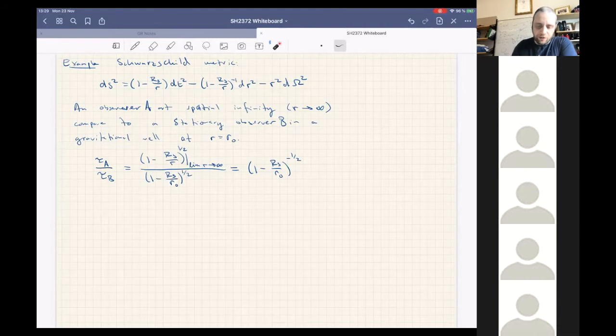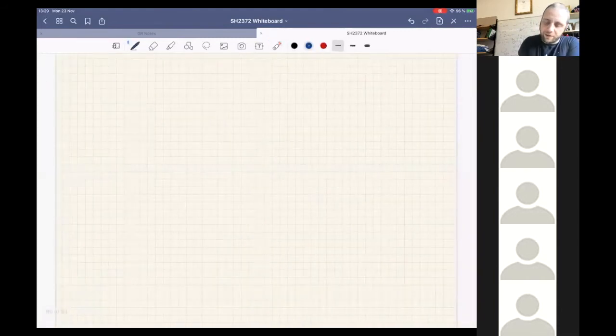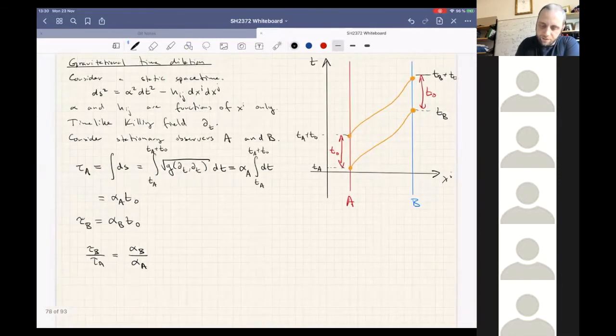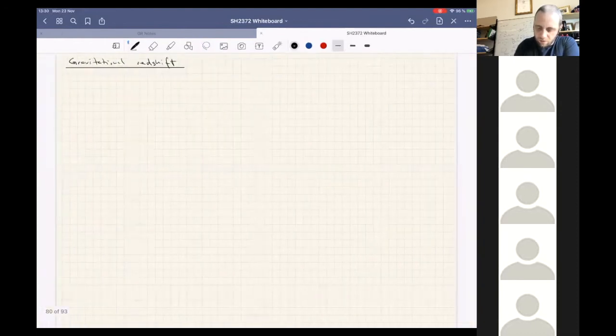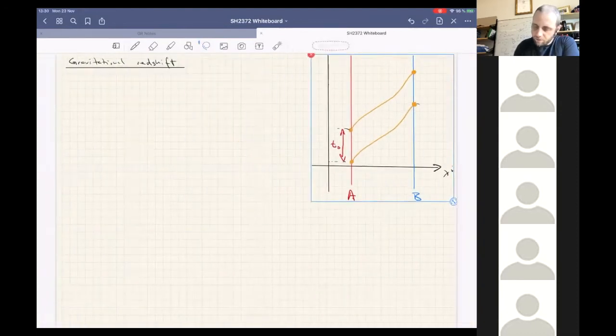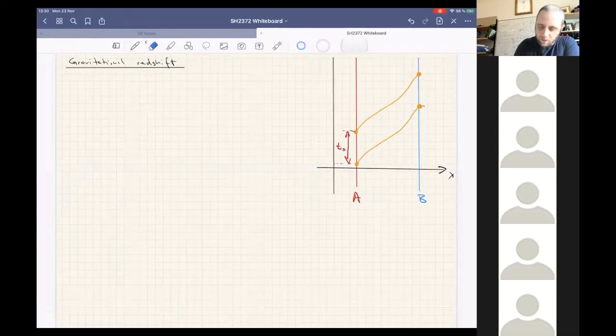With that said, let's also look at gravitational redshift, because it's related, right? So I'm just going to copy now this image that we drew here, at least the important parts. So we have this situation again. This is not really important at the moment.